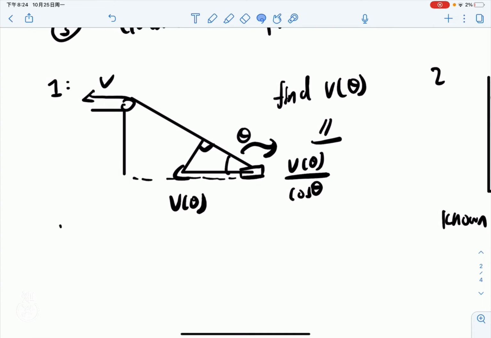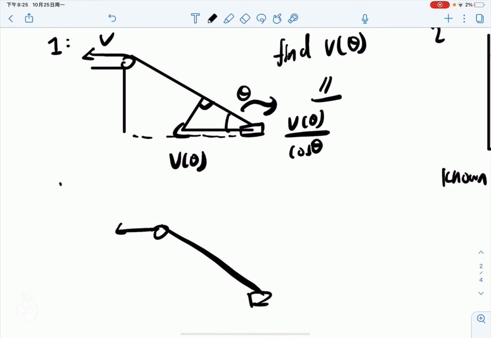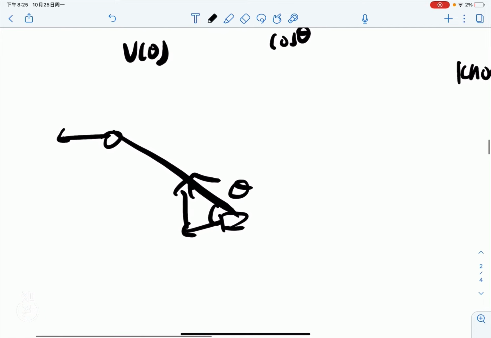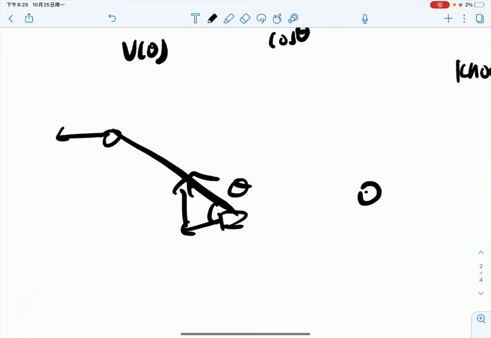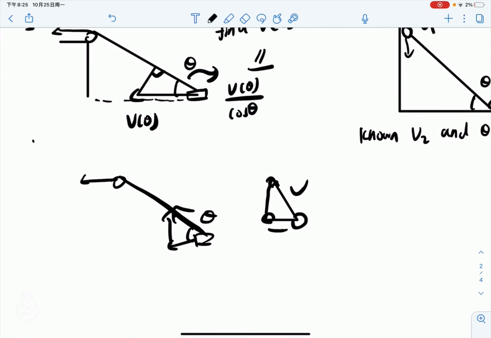And many students, for the first time, including me, will separate it into this. If you have an object over here, you separate into this. So this way will lead the answer to be this one cosine.